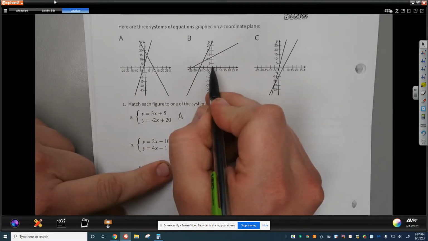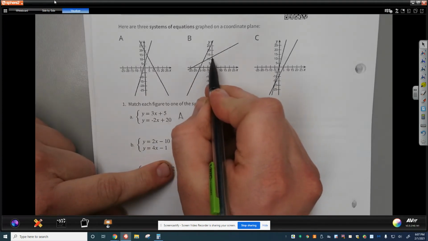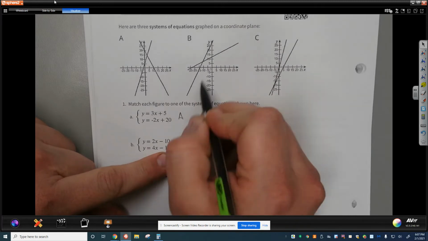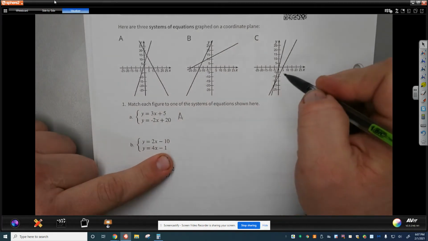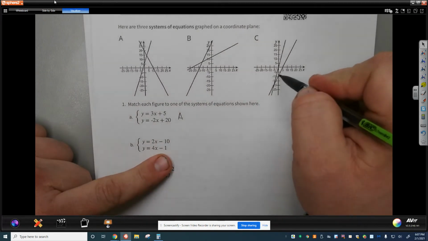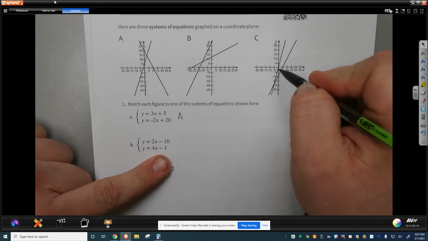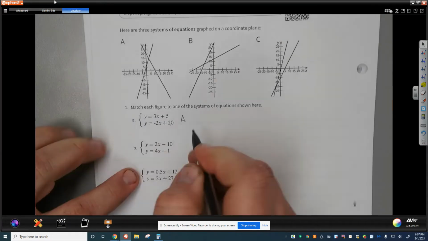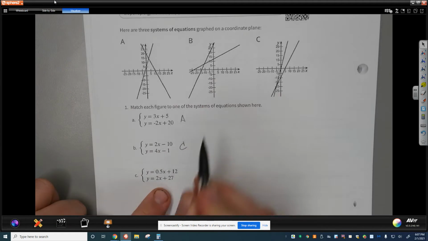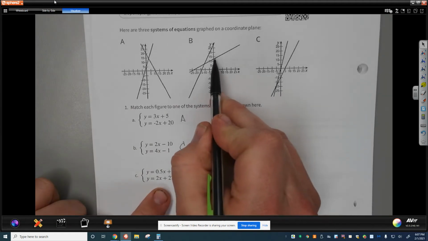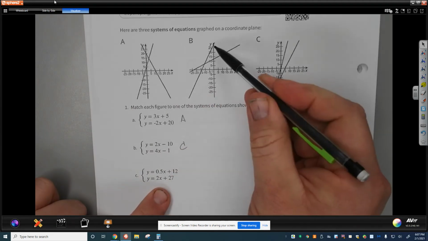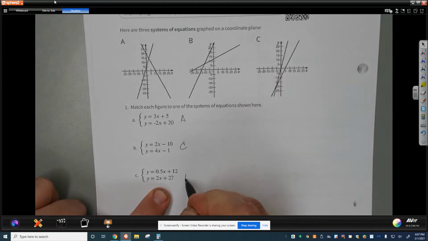B, -10 and -1. Nope, those are not those y-intercepts. But this one right here, I see that this one goes through -10 for sure. This one's super close to 0. I think we can go ahead and assume that. This one right here, passing through between 10 and 15, yeah, that's probably 12. And then up here above 25, that's probably 27.